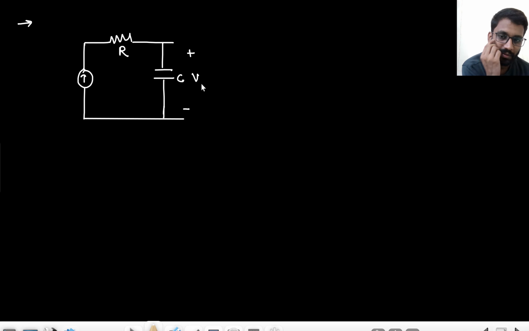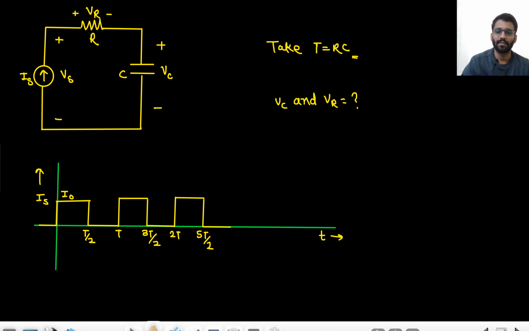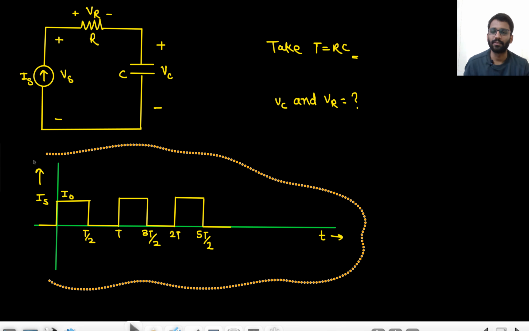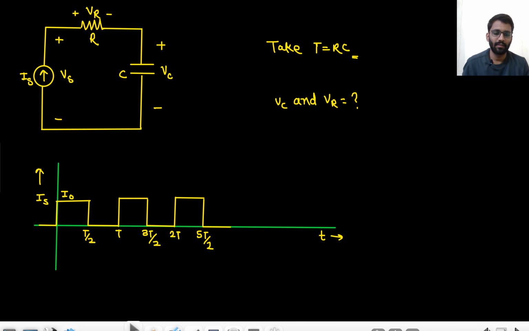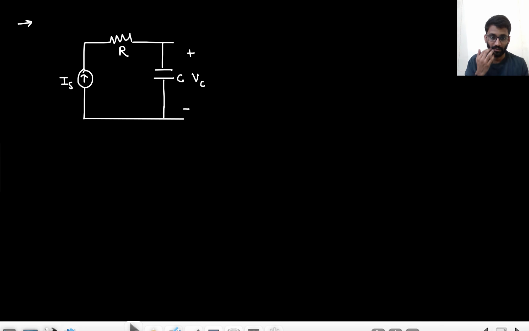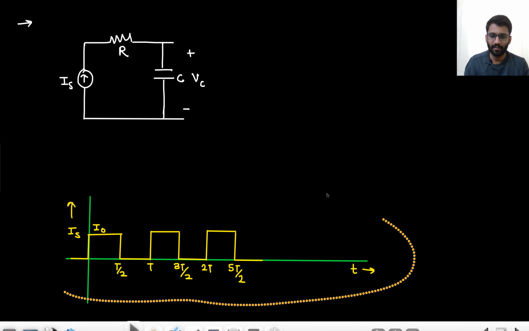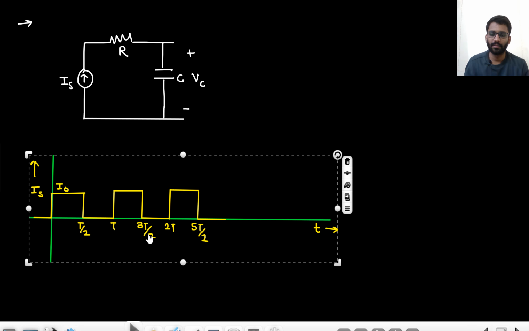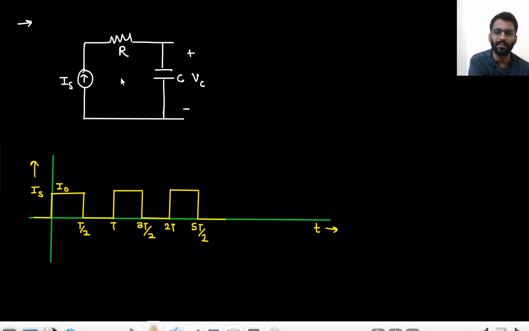This is your VC and this is your current source, IS we are calling it. The same IS current is flowing through the capacitor forever, right?